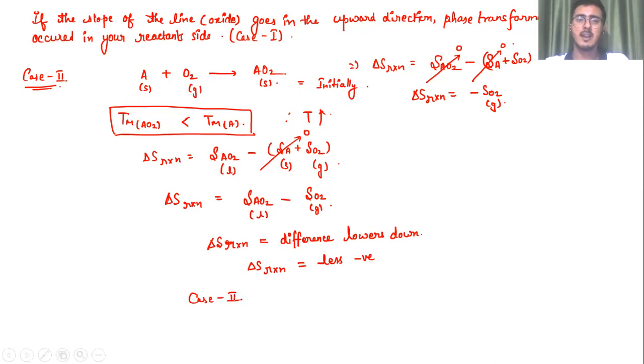That is, the oxide line will go in the downward direction. You can write this down over there. The oxide line will go in the downward direction.